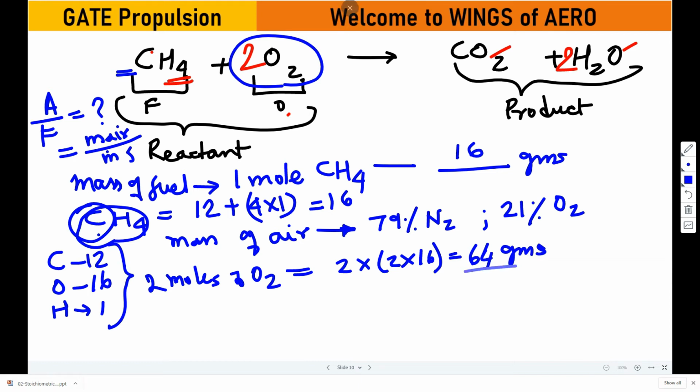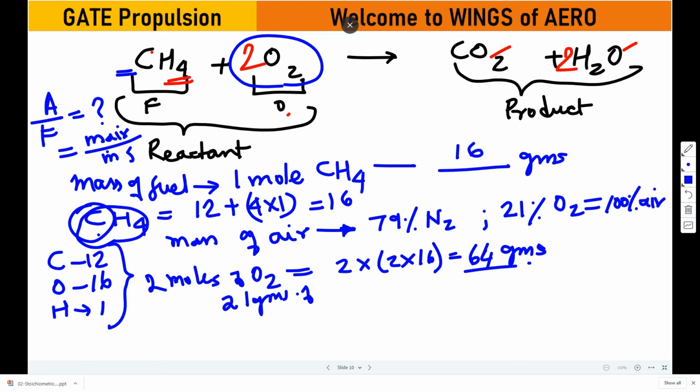But here it is oxygen, not the air, so I need to find it in terms of air. Can I say from here that 21 grams of oxygen, that means total 100% is our air.